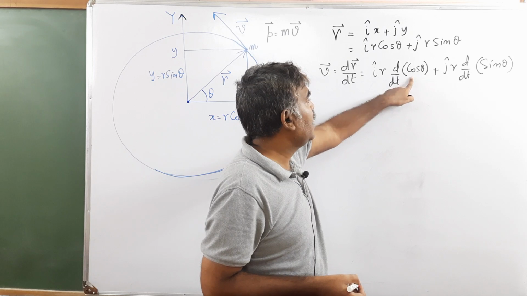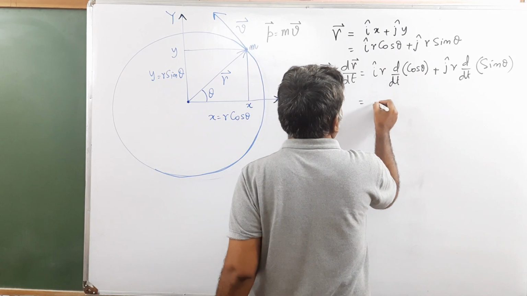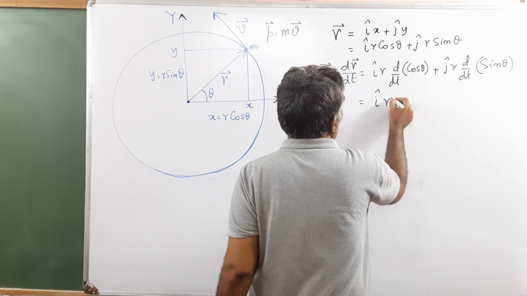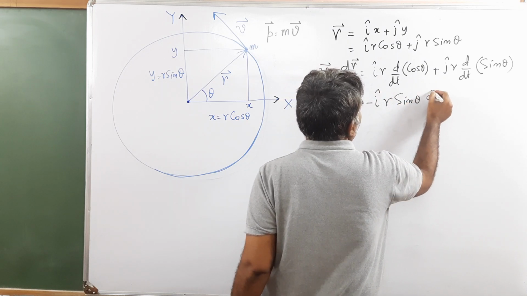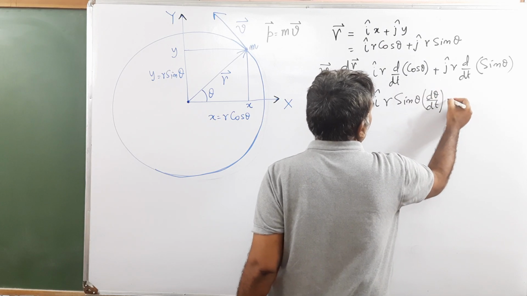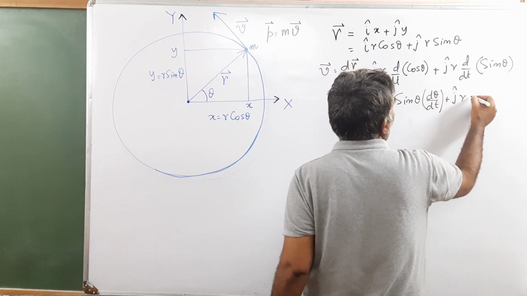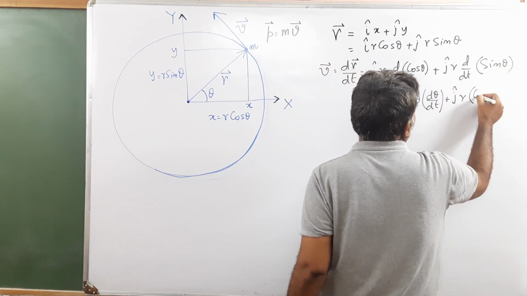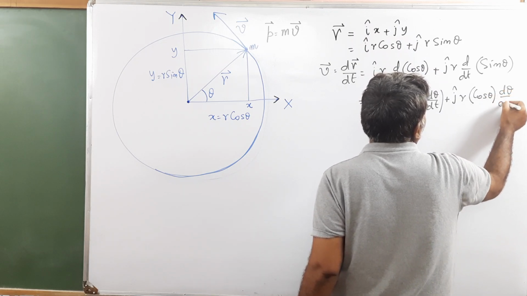That is minus sin theta into d theta/dt, right? So, that is i cap r minus sin theta times d theta/dt. That's the chain rule of differentiation, everybody knows. Then it's j cap r, this is cos theta times d theta/dt, right?